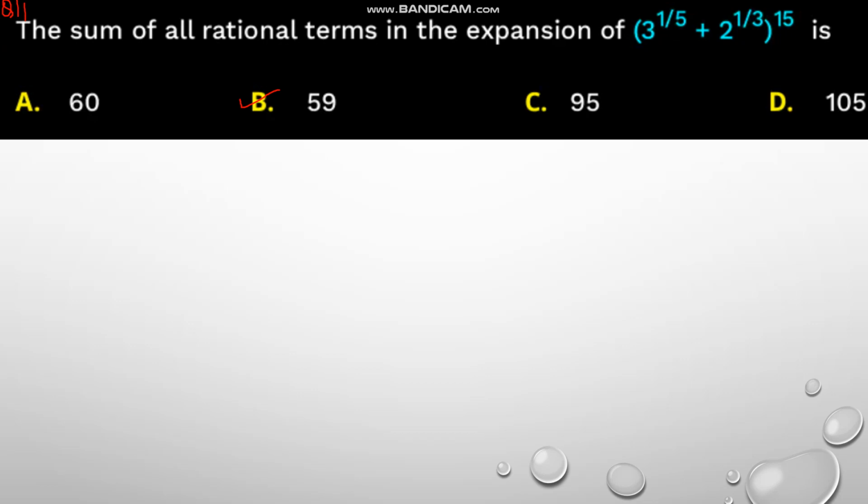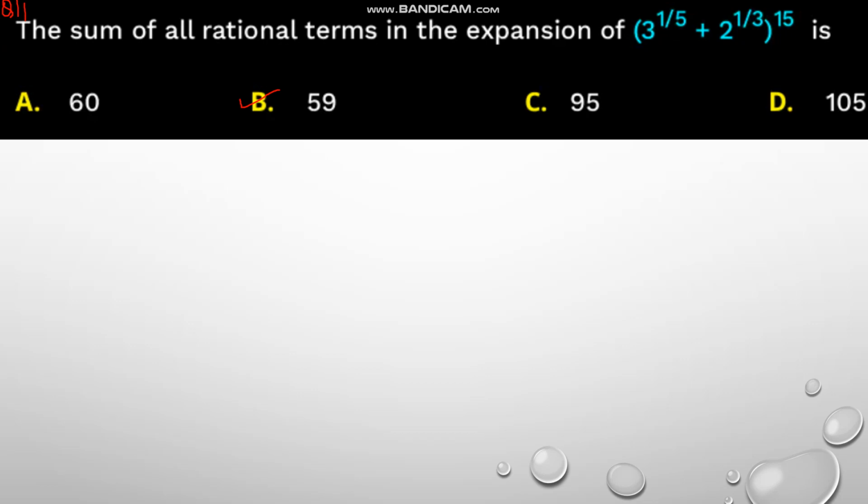You can check it out, otherwise the remaining term will remain the same. Only a multiple of 15 can remove this denominator from the powers of both of them. So the multiples of 15 in the range up to 15 are 0 and 15.